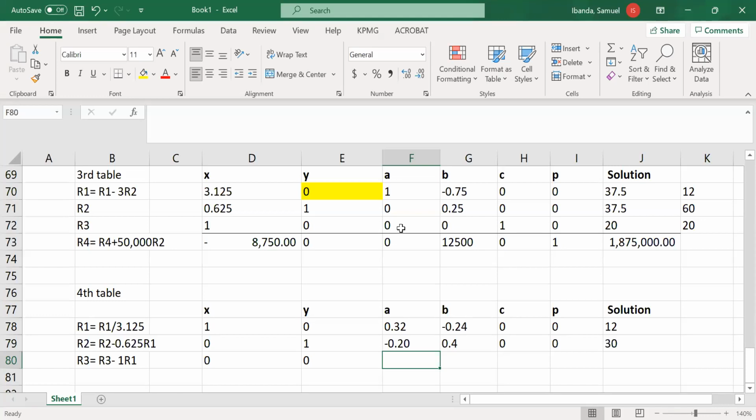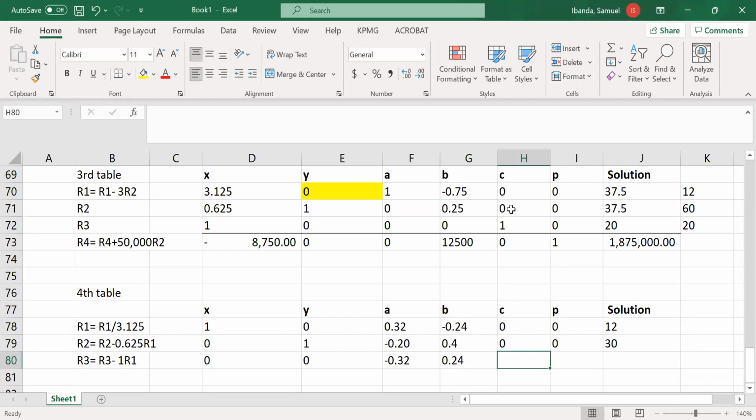So just get 0 minus 1 times that, it will give you minus 0.32. When you press your calculator, that's what you should be able to get. Let's look at this. This is R3, which is 0, minus 1 times negative 0.24. So this will give you 0.24 as the answer. If you're trying it out and you don't get it, then you can ask, and we can try to explain more, but you should be able to get it.